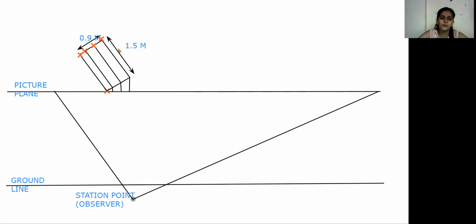So draw the line up to the station point and erase it. Otherwise just connect the points and draw the line only up to the picture plane line. Otherwise draw the line just like this.